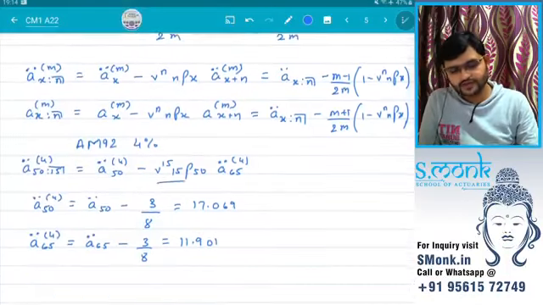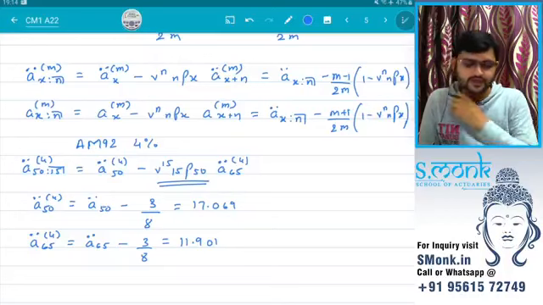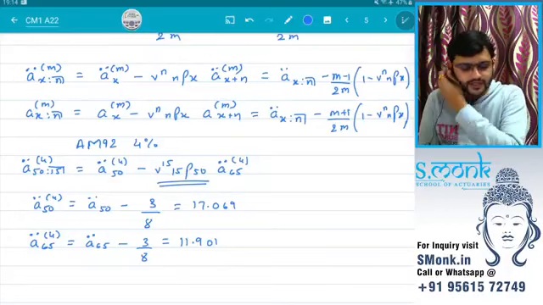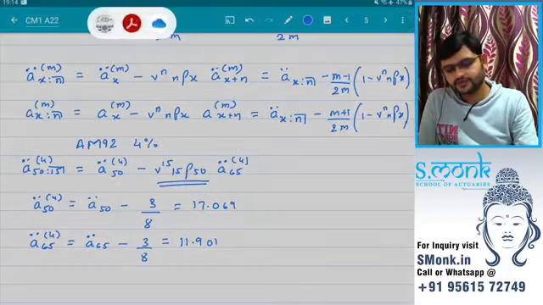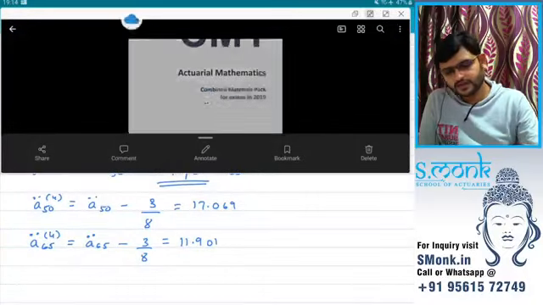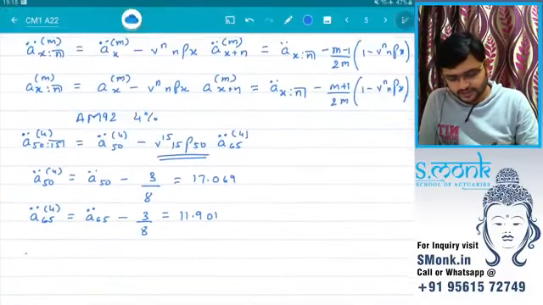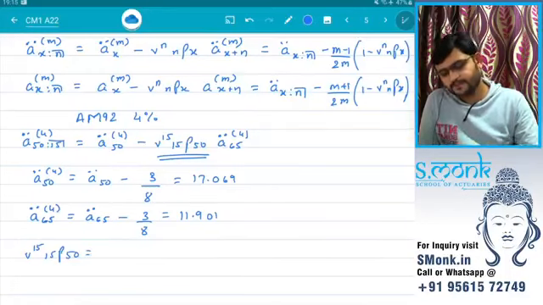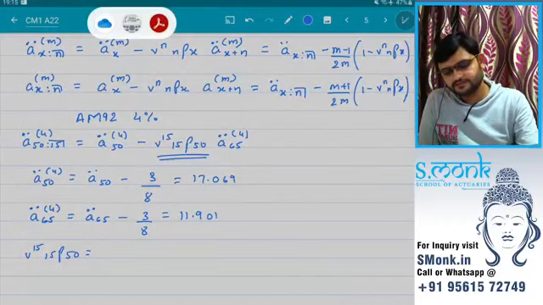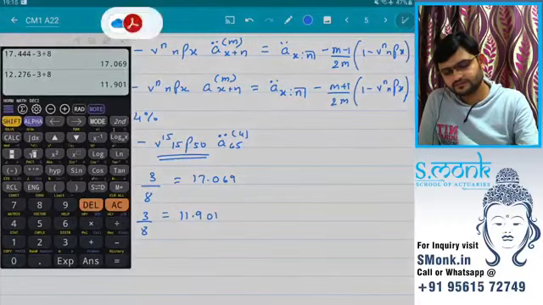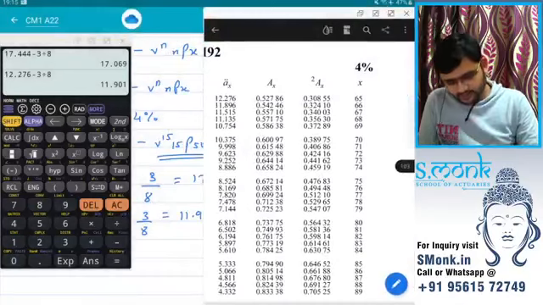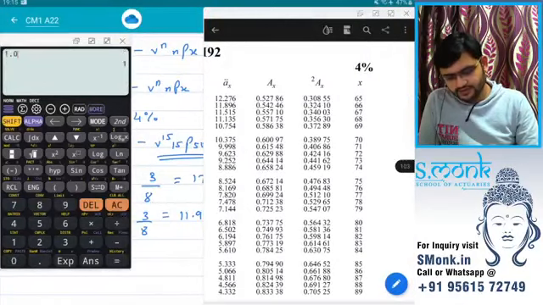Now we'll require v raised to 15, 15p50 as well. I'll calculate it separately because we'll require that for the second method as well. You're talking about 4%, so 1.04 raised to minus 15.